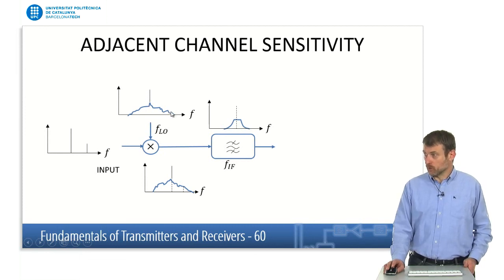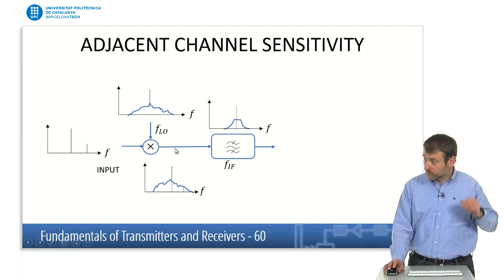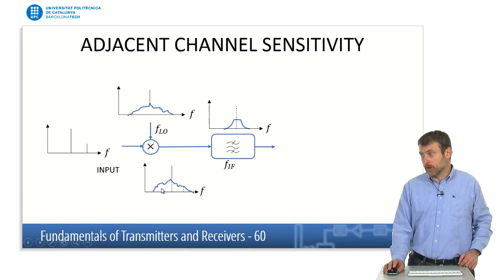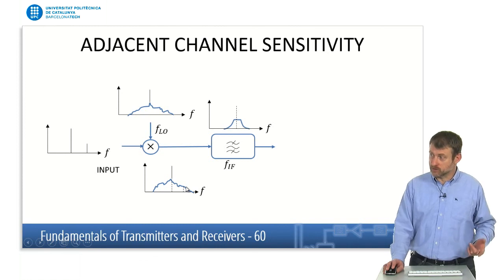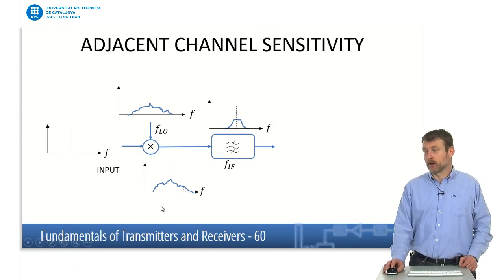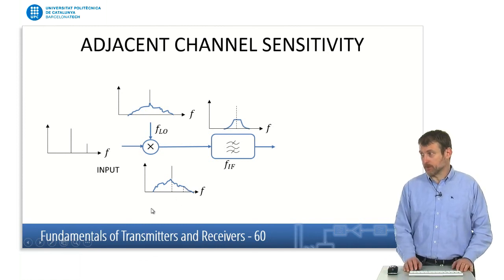Typically, local oscillators have some phase noise, and this phase noise is reproduced after mixing with the input signal, at each one of the spectral lines that we had at the input. By doing that, the combined spectrum of the interfering signal and the phase noise of the oscillator can mask our desired signal.